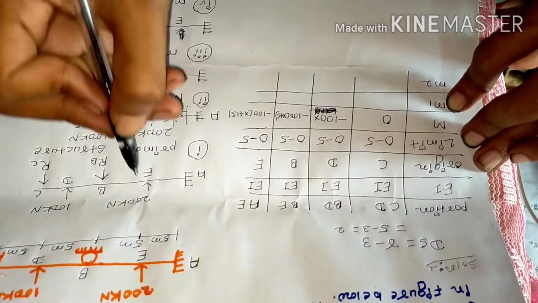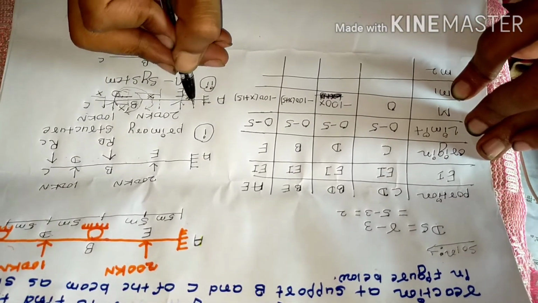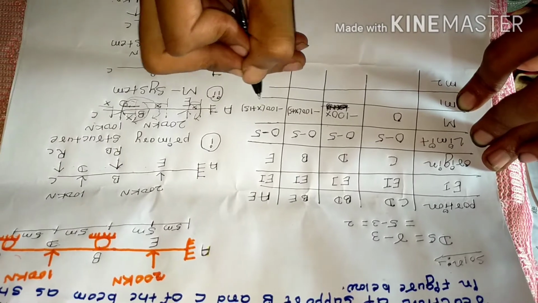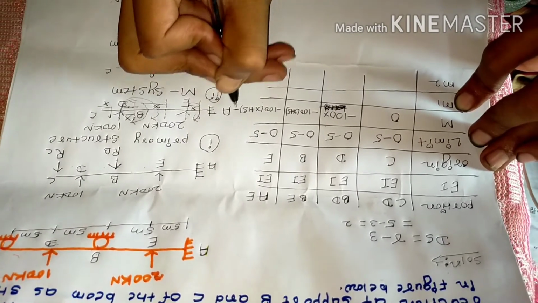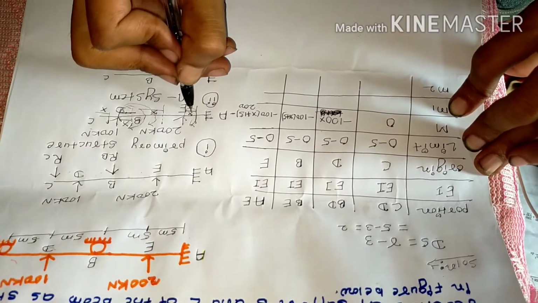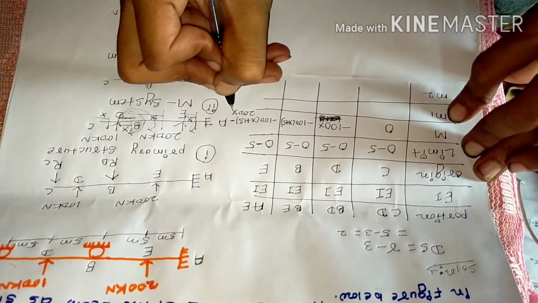And this 200 kilonewton force will also rotate this section in clockwise direction, so take it as negative, minus 200 into perpendicular distance x.